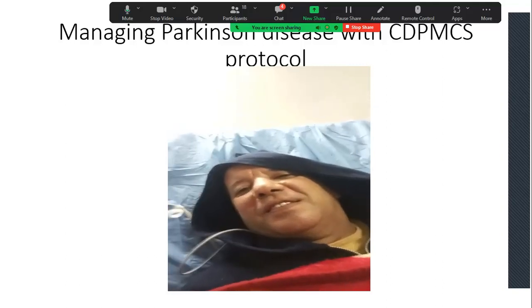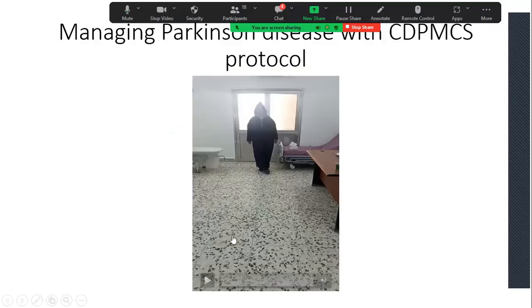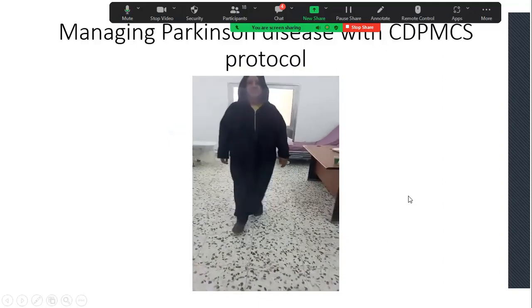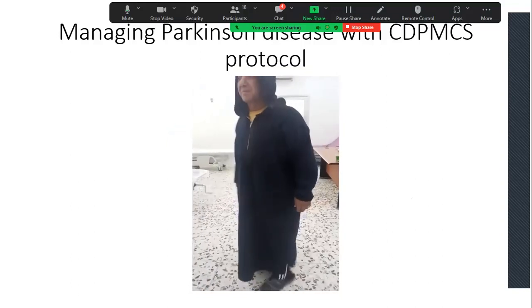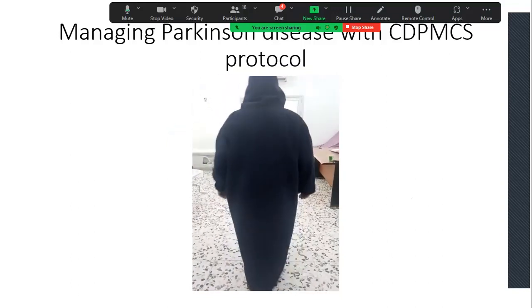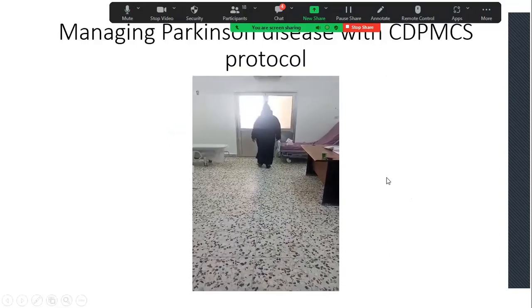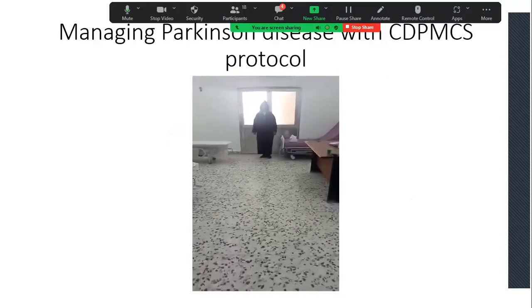So we want to see the fluency of his speech. And I think there's not much problem with his walking yet, but there's improvement with his turning, and I think it's almost like normal. We need to see the before, but we did not picture the before one.